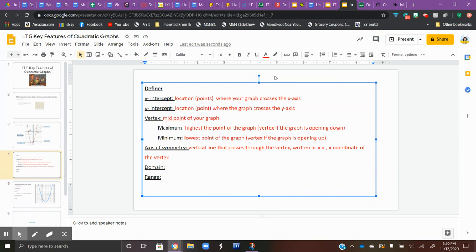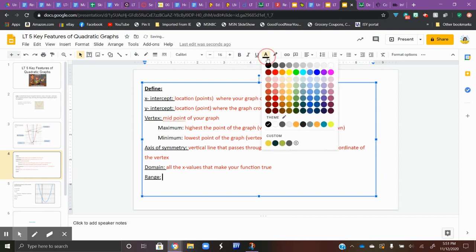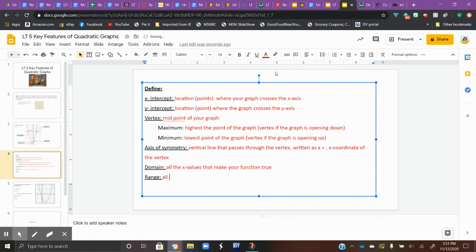So your domain is defined as all the x values that make your function true. Okay, so basically all the x values that are on that line. And then the range, you might be able to either remember or guess, is all the y values that make your function true.